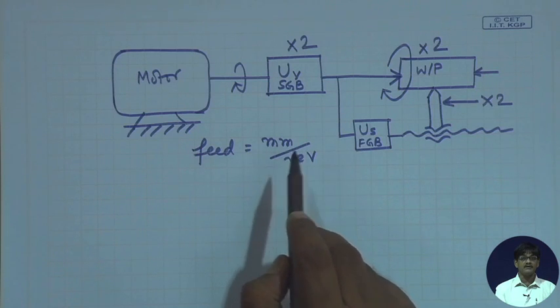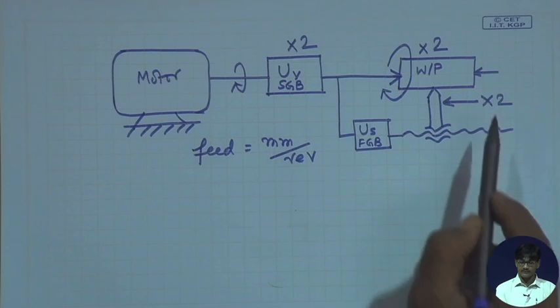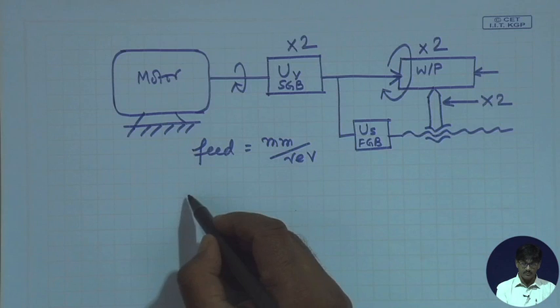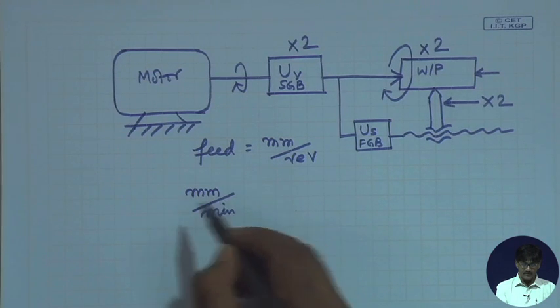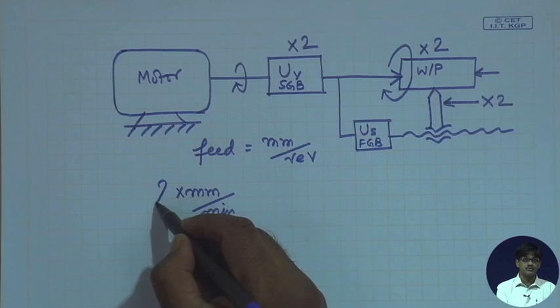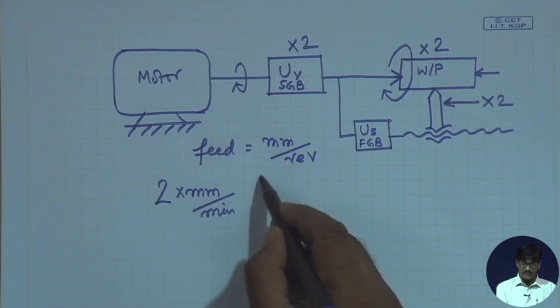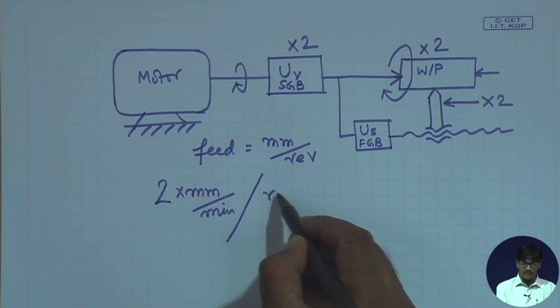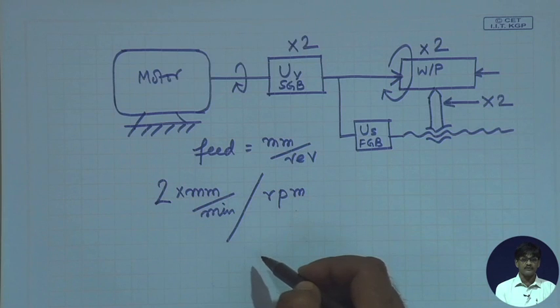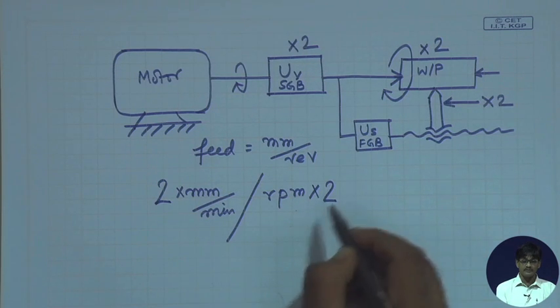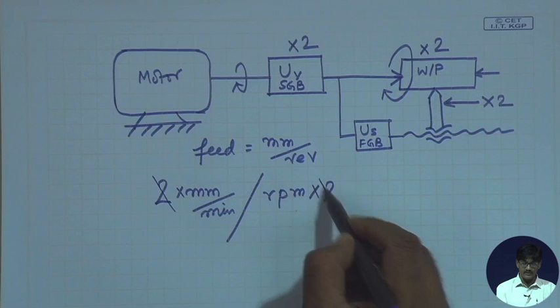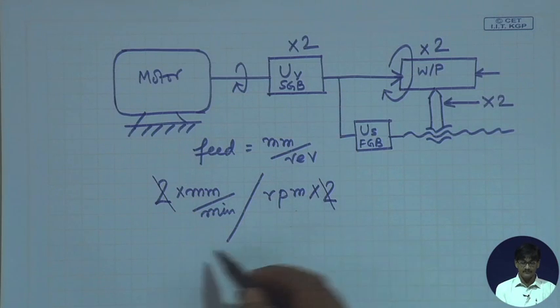So, if the workpiece rotates once, whatever movement the tool has suffered, that is known as the feed, and that will remain constant, because this motion in millimeters per minute is getting doubled, divided by revolutions per minute of the workpiece, that is also getting doubled. The 2 and 2 from the numerator and denominator will cancel.